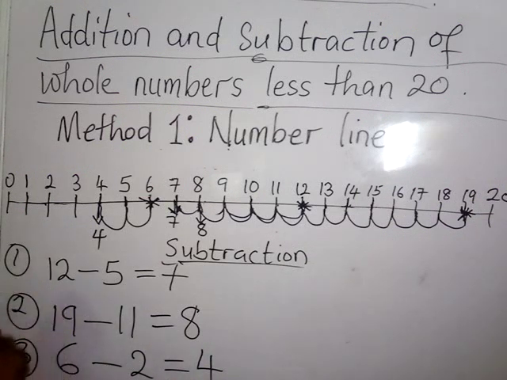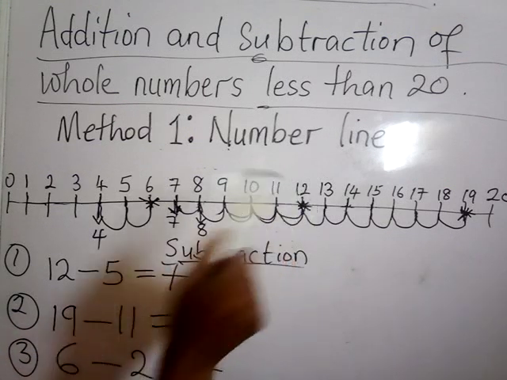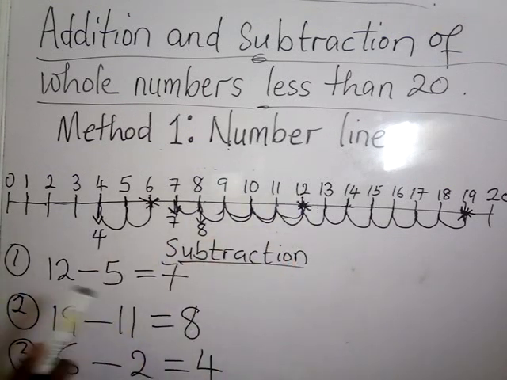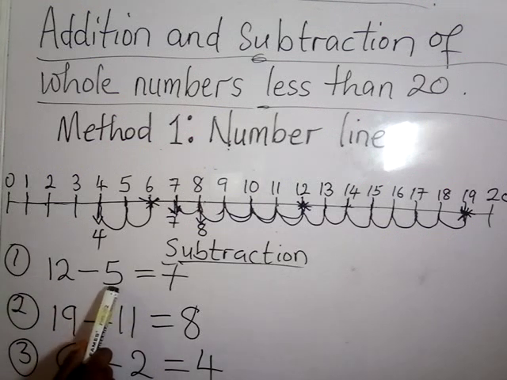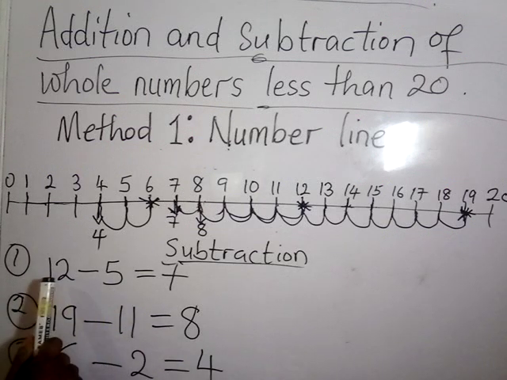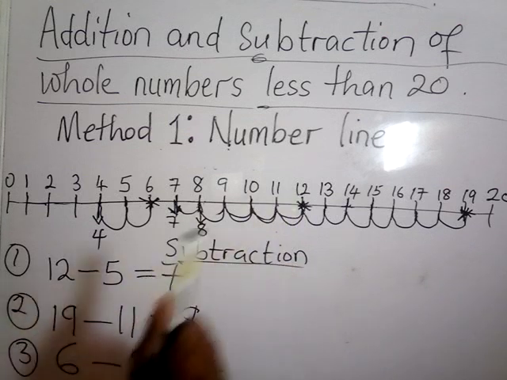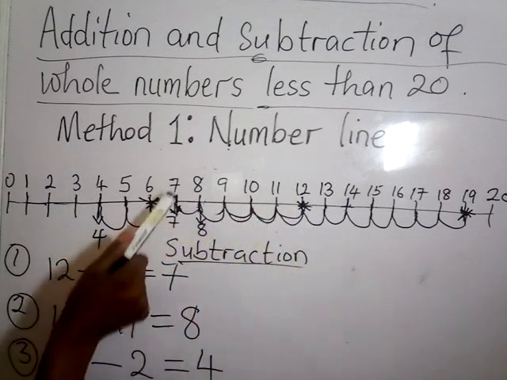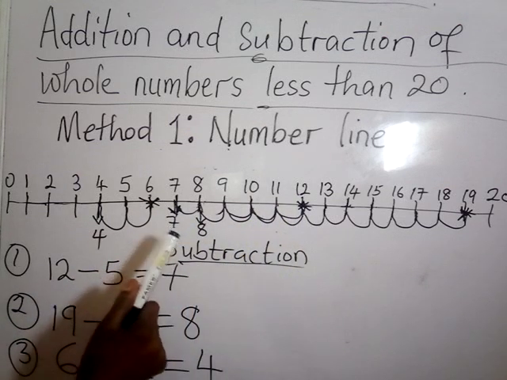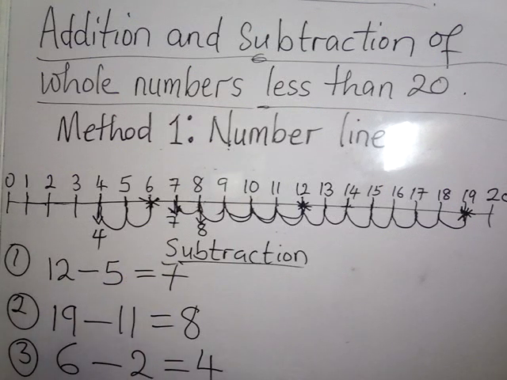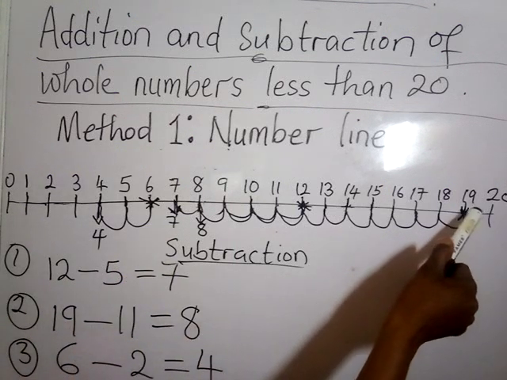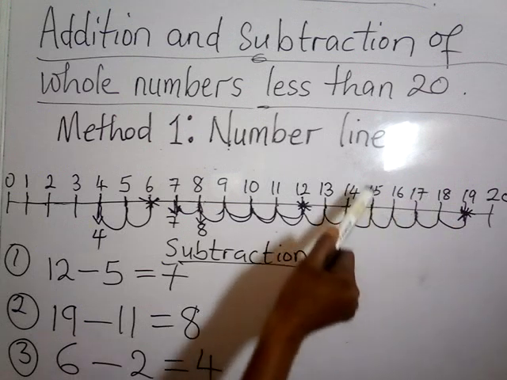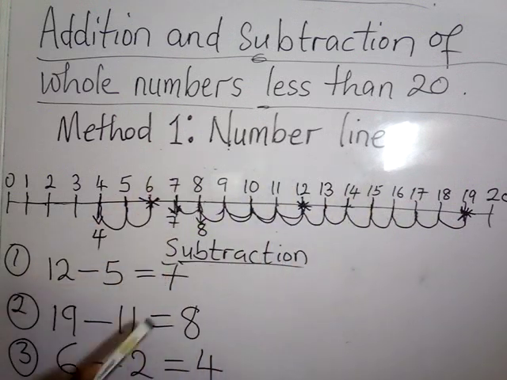If you are subtracting any small number from a bigger number, take note of where the bigger number is and count steps backwards that correspond with the smaller number. For instance, 12 minus 5, take note of 12 and count 5 steps backwards. Wherever you land with your 5th step, that will be your answer. 19 minus 11, take note of your 19 and then count 11 steps backwards. Wherever you land, that is the answer.